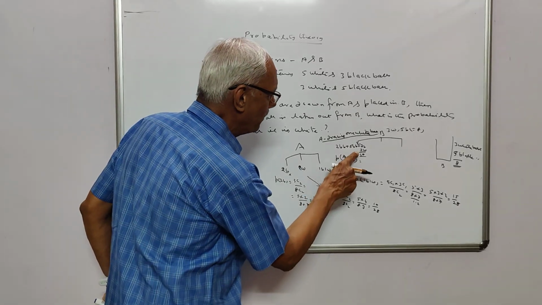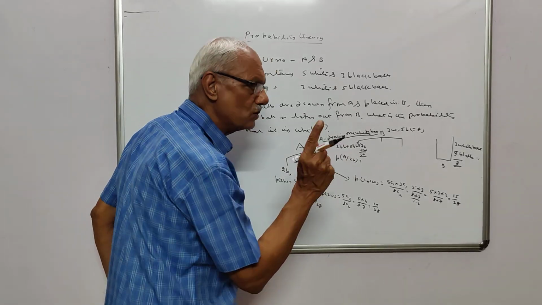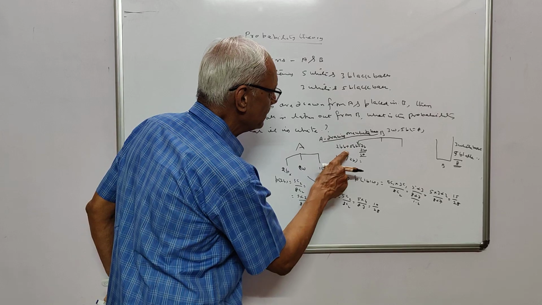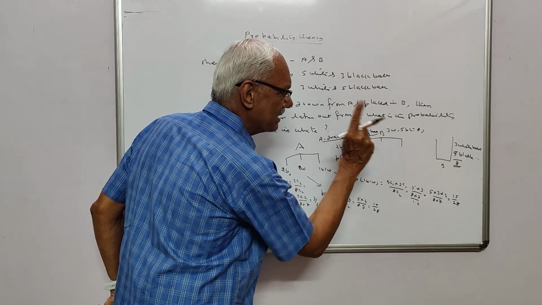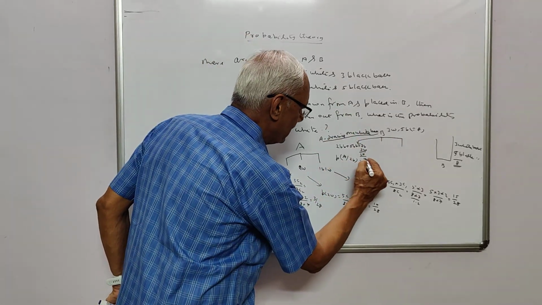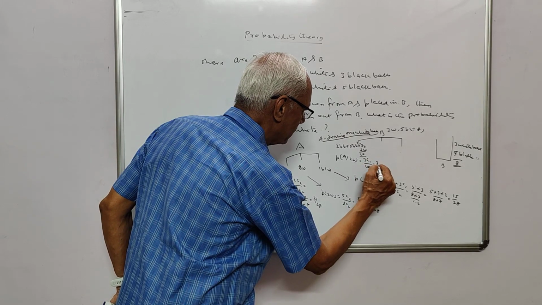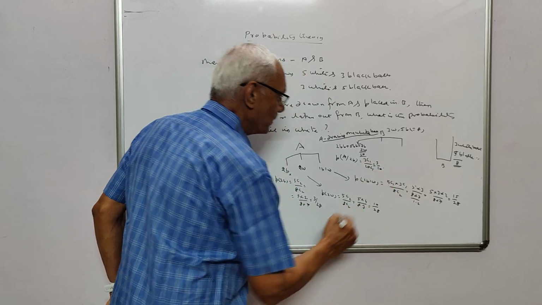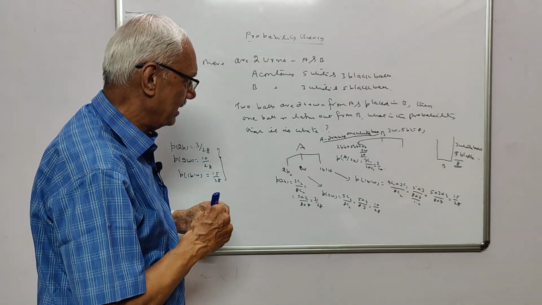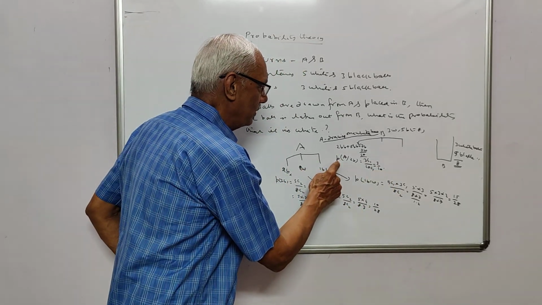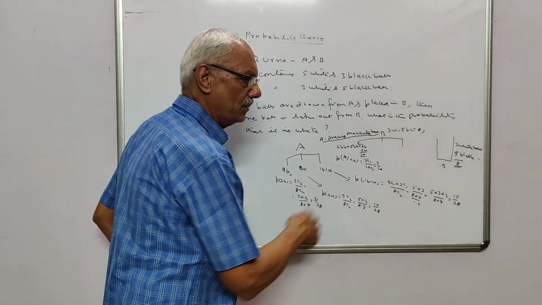And how many white balls are here? A is drawing a white ball, so how many white balls are there? Still it remains as 3 white balls. So it is nothing but 3C1 divided by 10C1, that is equal to 3 by 10. So the probability of drawing one white ball is 3 by 10.